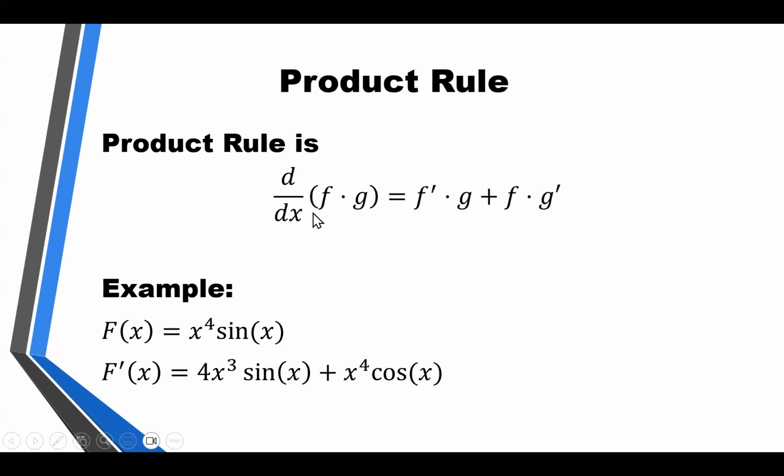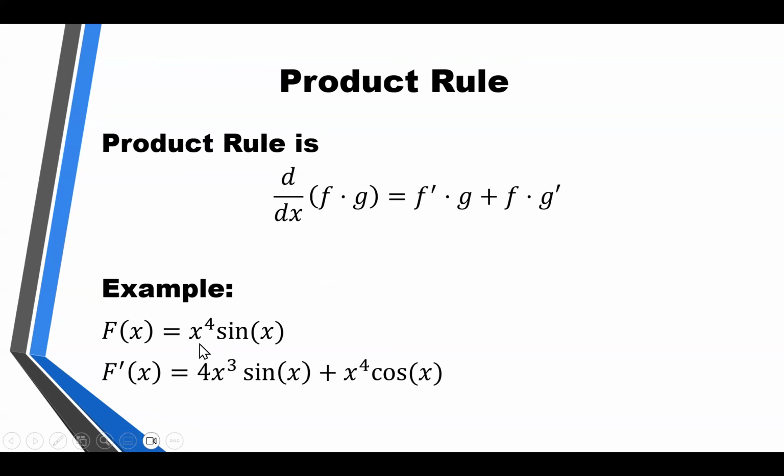So the derivative with respect to x of f times g is equal to f prime times g plus f times g prime. Now there's other notations you can use. You can use f of x, g of x if you'd like. Some people use u's and v's, but that's the basic idea of the product rule.